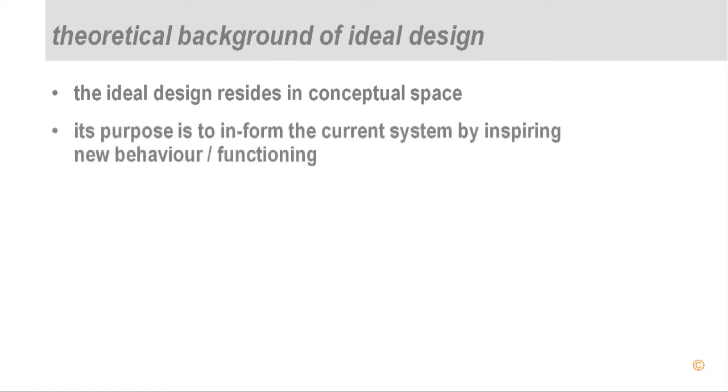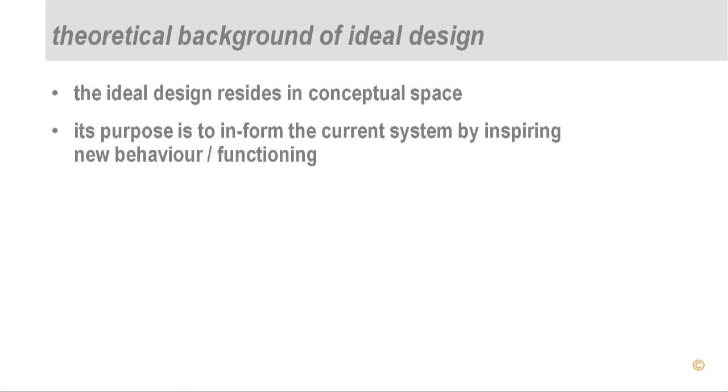Its purpose is to inform, or put form into, the current system, and it informs the current system in such a way that it inspires it to behave in a new way and to move towards new outcomes, a new future that is more ideal than the current future.